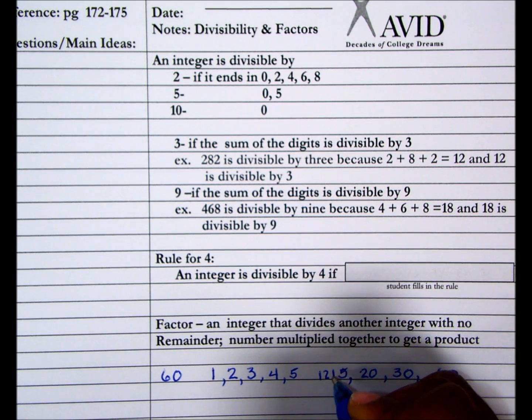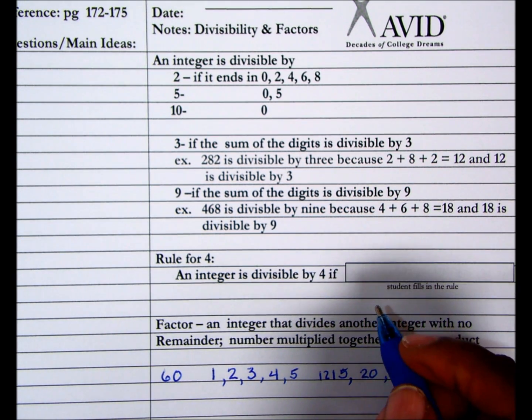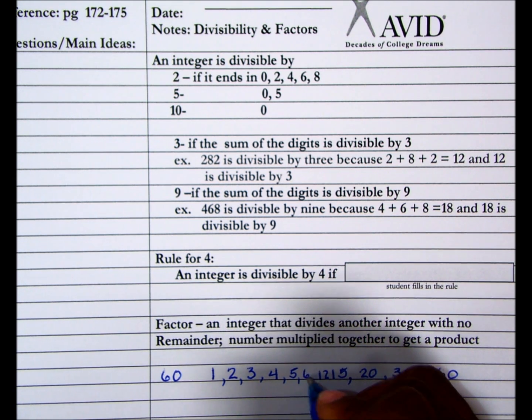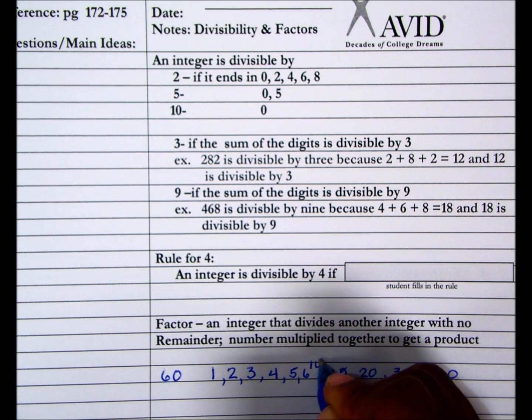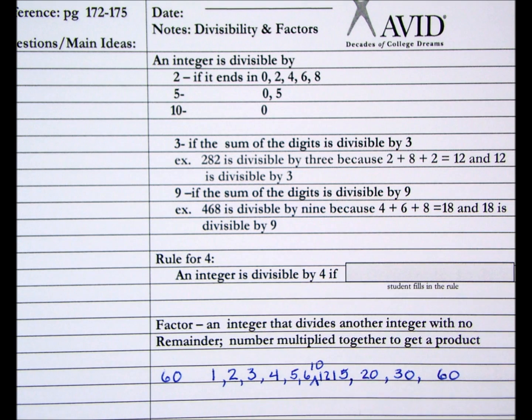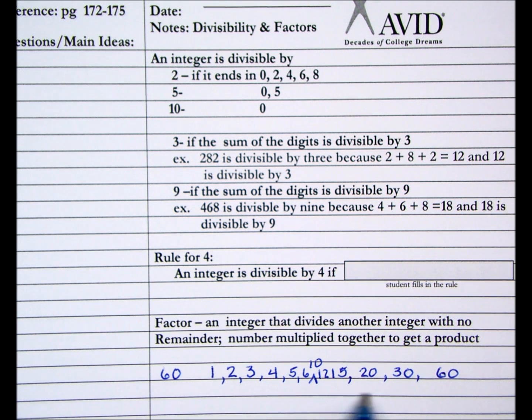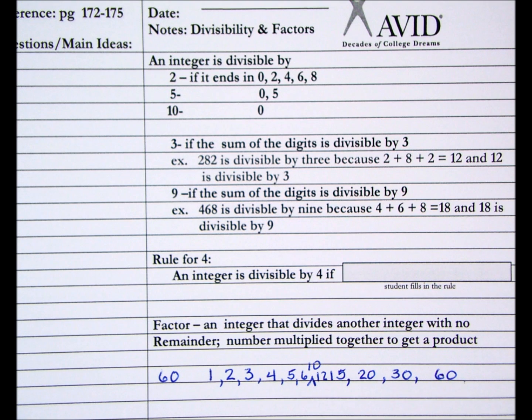And is it divisible by 6? Yes, 6 times 10 is 60. So we've gone just about as far as we can go because it's not divisible by 7, 8, or 9. But that's the simplest way that you can figure out what the factors are. It's just basically what numbers you multiply together to get an integer.